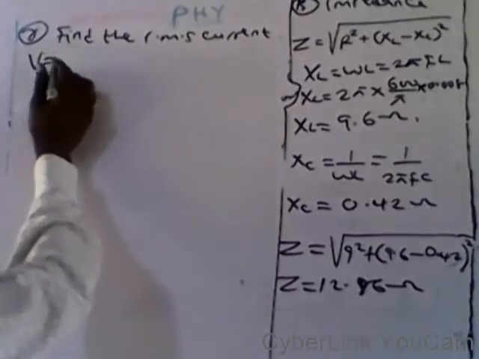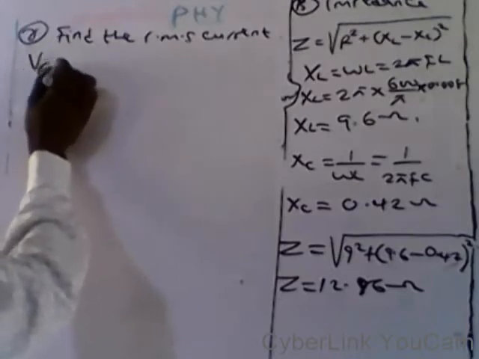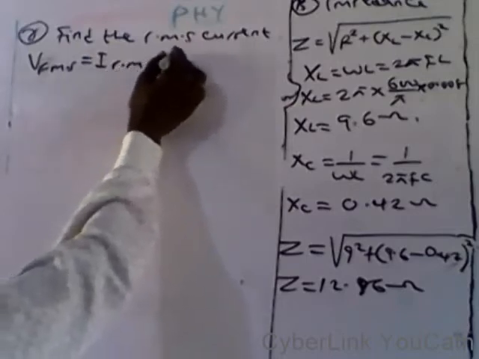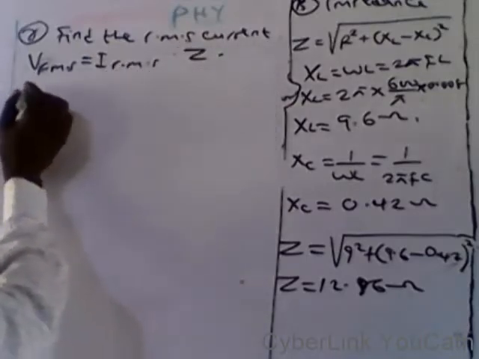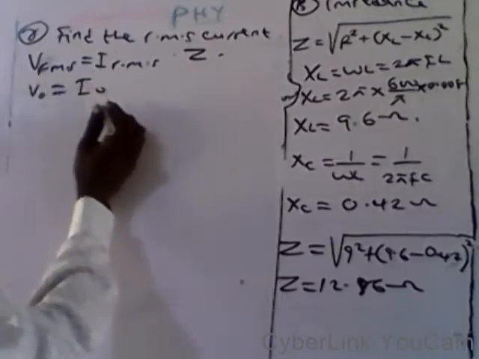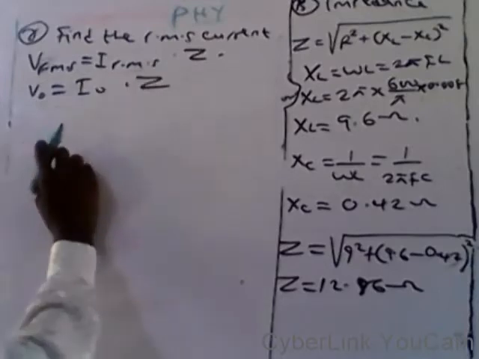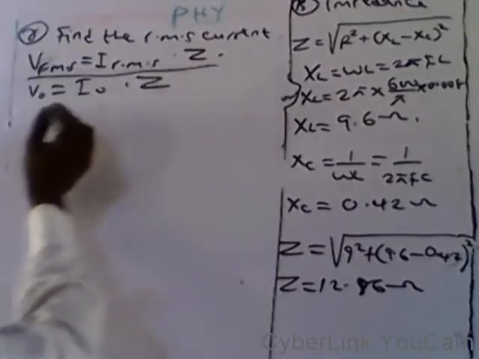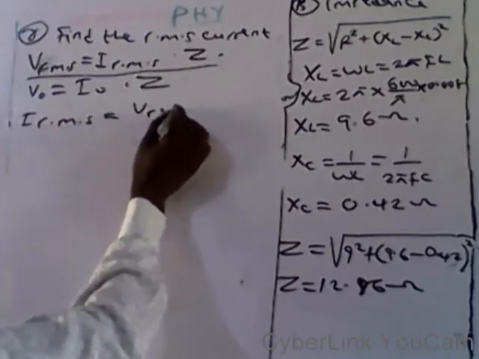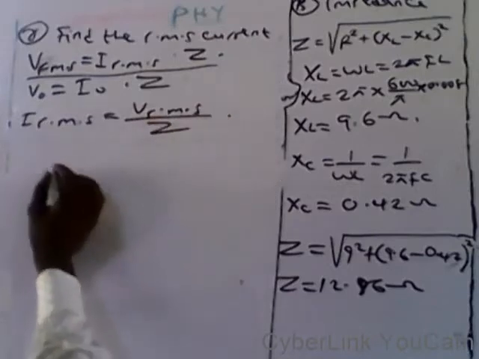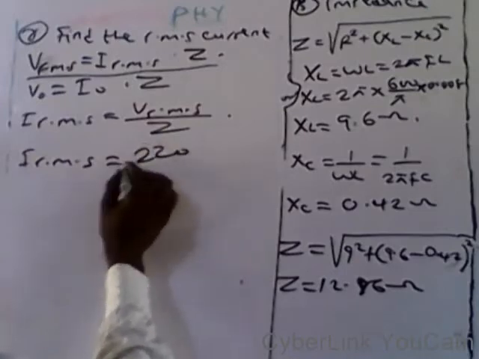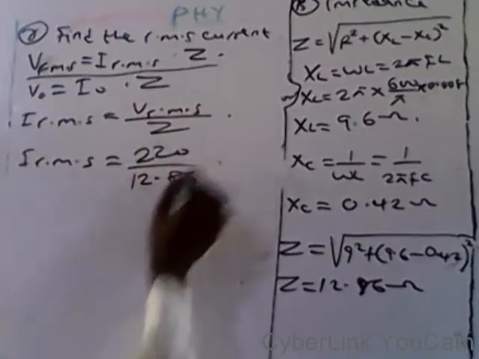Therefore, V root mean square equals I root mean square times Z, and V naught, that is peak value of the voltage, equals I naught multiplied by Z. So because we are using this, my I root mean square is V root mean square over Z. So my I root mean square will be 220 over 12.86.